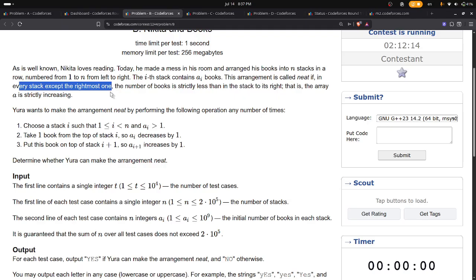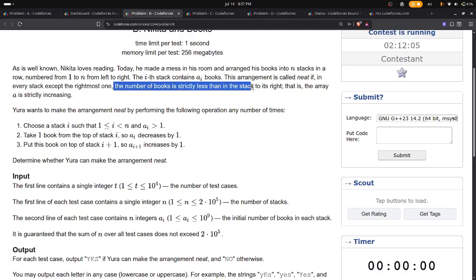The arrangement is called neat if in every stack except the rightmost one, the number of books is strictly less than the stack on its right.